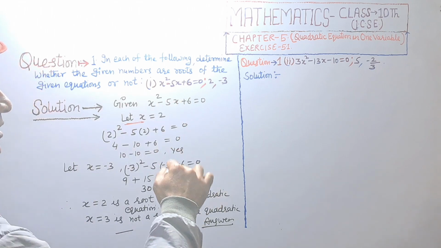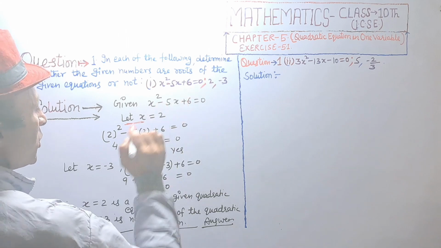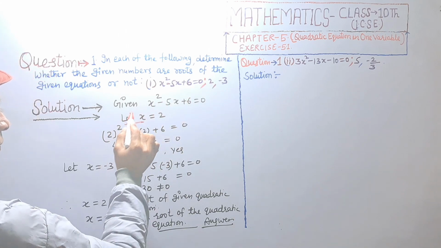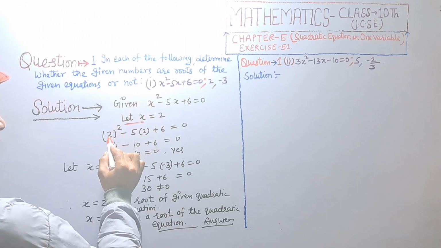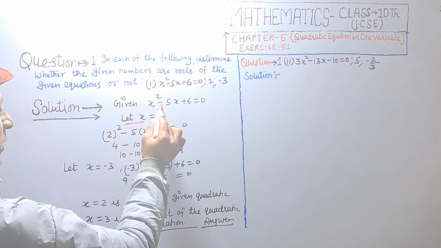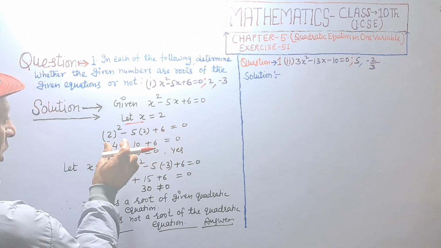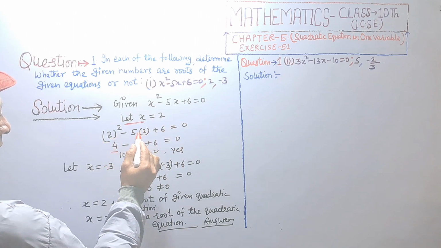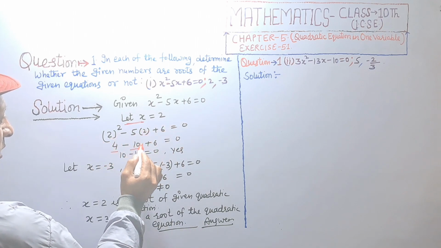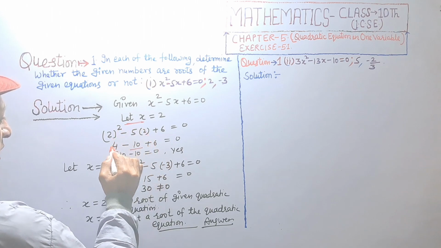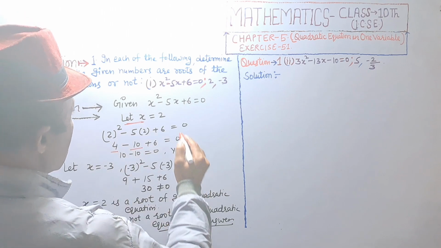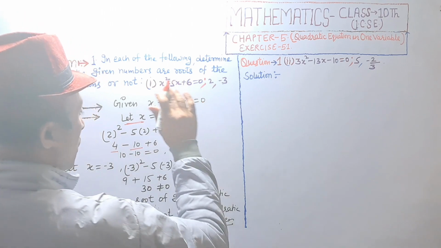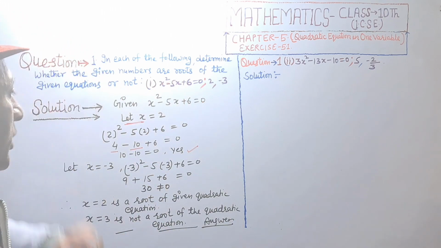We are putting the value of x in the given quadratic equation: 2 raised to power 2 minus 5 into 2 plus 6. 2 2s are 4, minus 5 2s are 10, minus 10 plus 6, 6 plus 4 is 10 and 10 minus 10 equal to 0. Yes, x is equal to 2 is a root of the given quadratic equation.